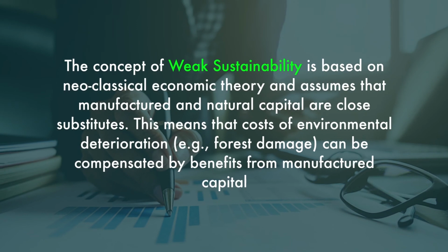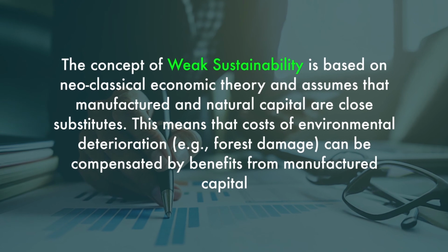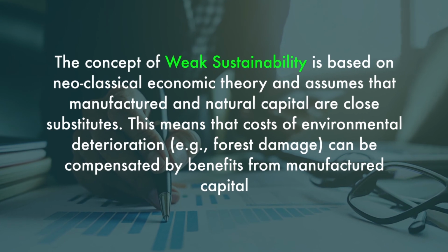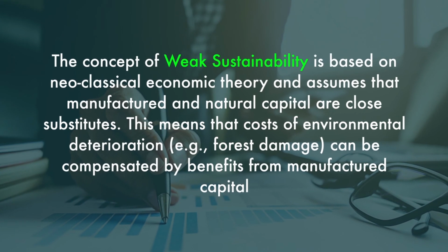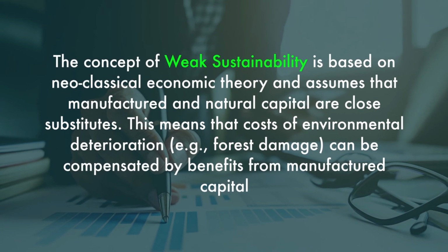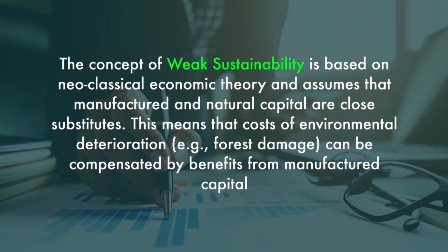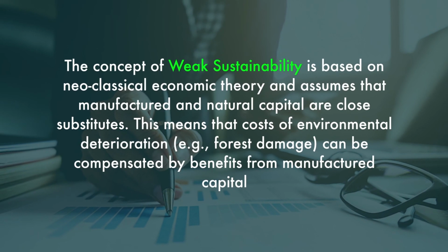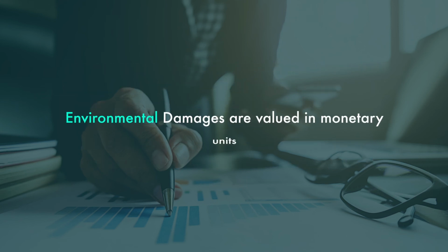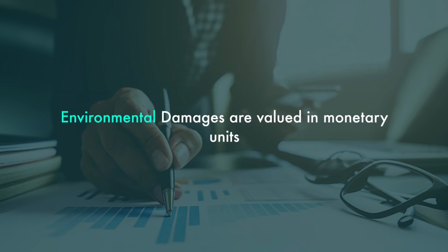The concept of weak sustainability is based on neoclassical economic theory and assumes that manufactured and natural capital are close substitutes. This means that the cost of environmental deterioration, like forest damage, can be compensated by benefits from manufactured capital. Thus, environmental damage is valued in monetary units.